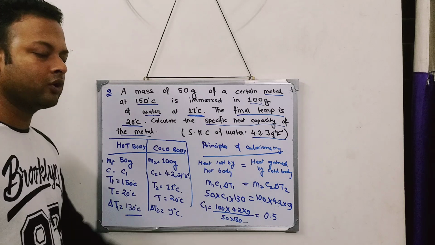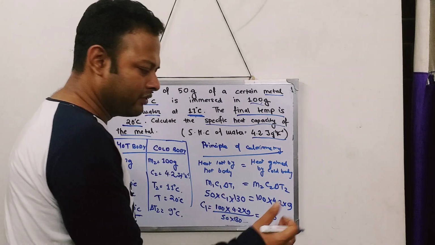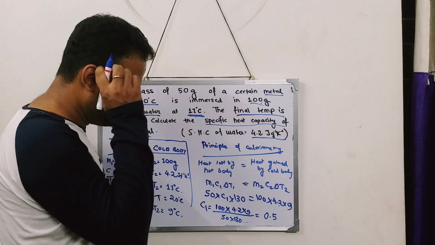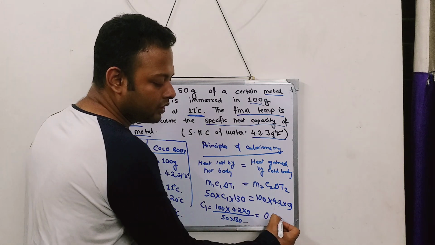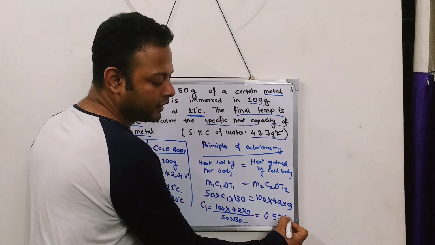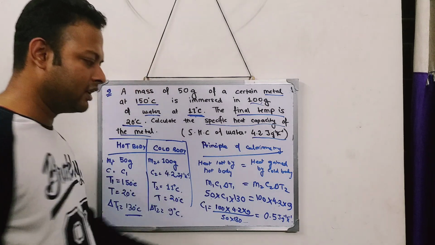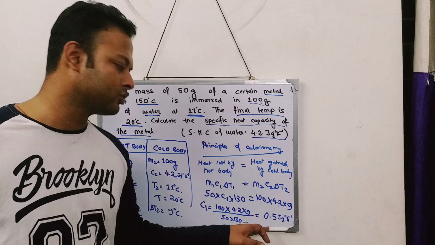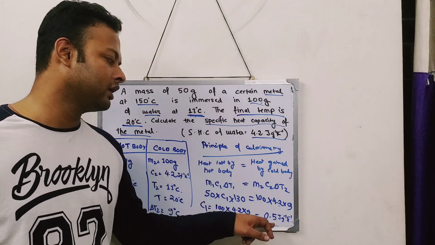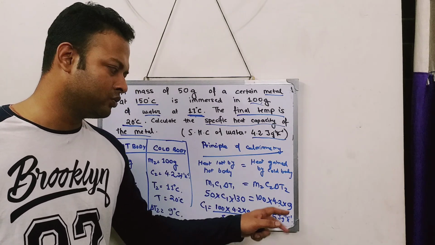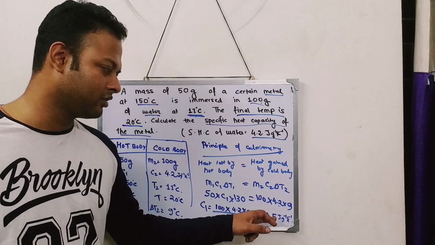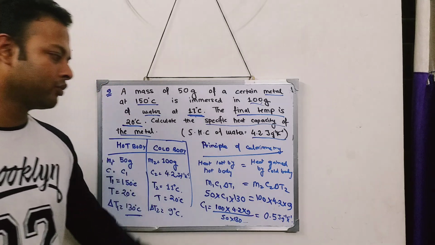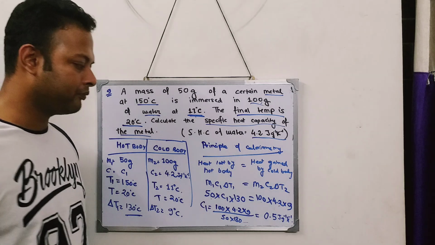C1 is equal to 0.5 something, and the unit will be joule per gram per Kelvin. I don't know the exact value, but you check it in your calculator, or you solve this, and you will get 0.5 something, 82 or 892 or 29, I don't remember. But this will be the procedure to do the sum.